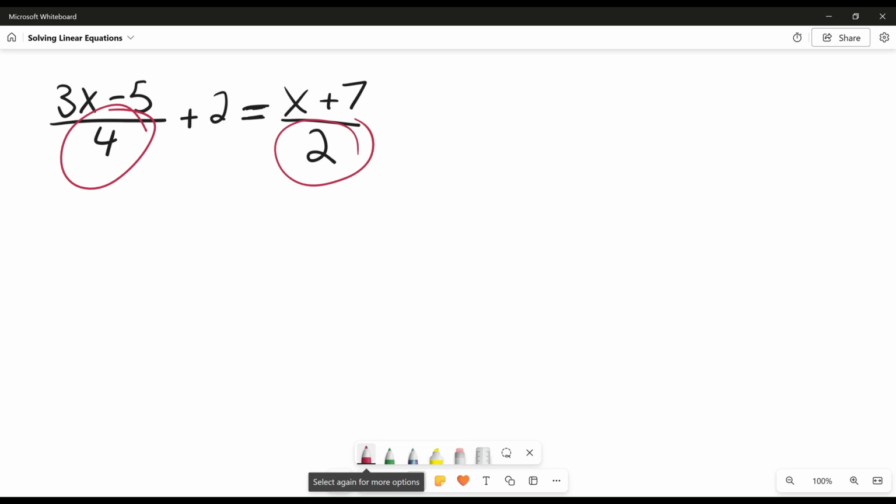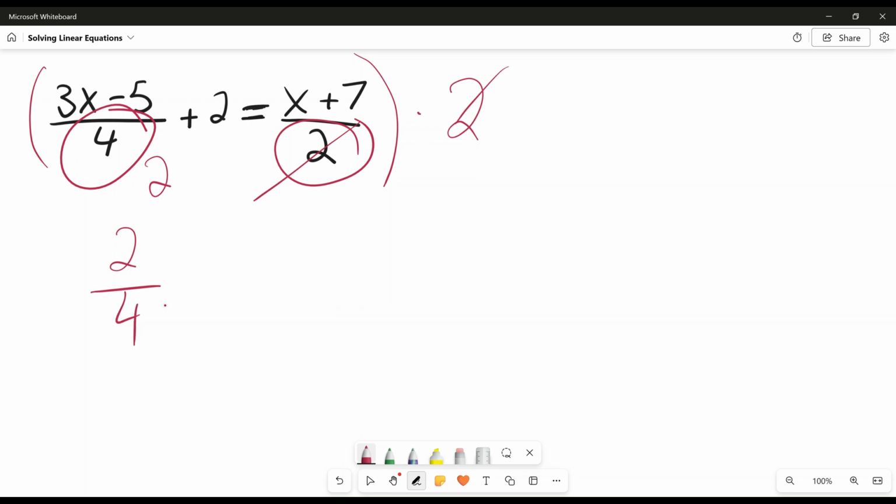So you could either multiply everything by 2, which will help you cancel out that 2, but will not help you to cancel out that 4, because you're going to end up with a 2 at the bottom. Because 2 over 4 will equal 1 over 2. So you're still going to have that 2 in your denominator.